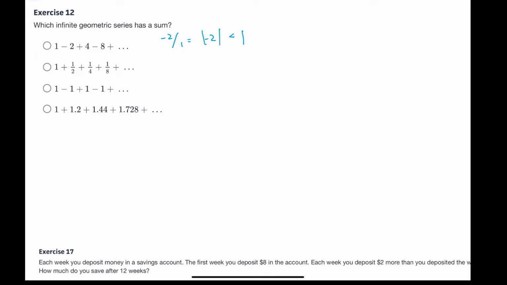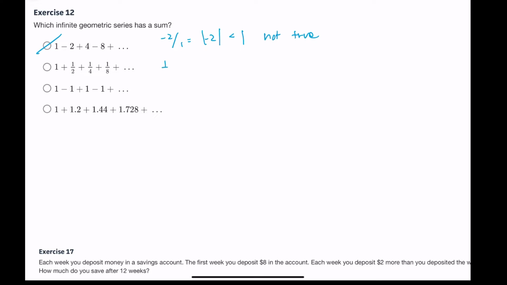And that's not the case right here. So therefore, that's not a true statement. I'll go ahead and say not true. Because the absolute value of negative 2 is 2, and 2 is not less than 1, so that first selection is no good.